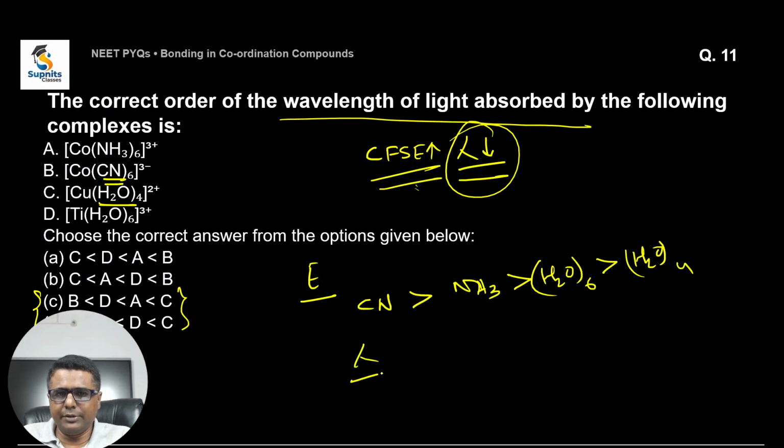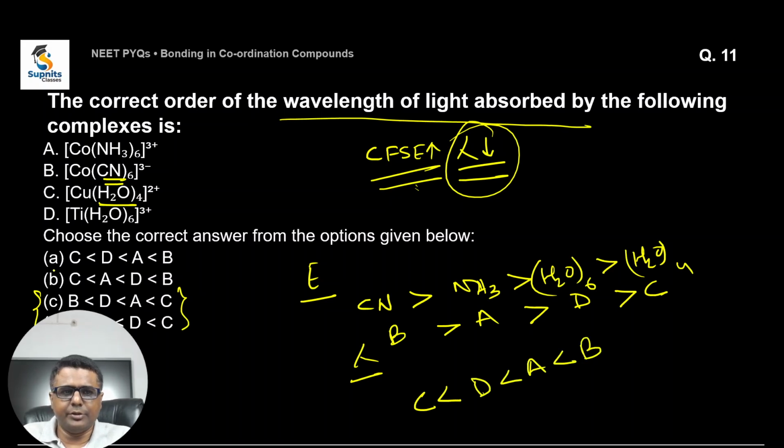So lambda wise, CN is your B, more than A, more than H2O6 which is D, more than H2O4 which is C. So lambda wise it should be C less than D less than A less than B. So it will be this one. Okay.